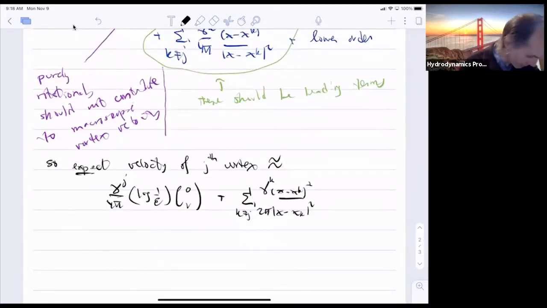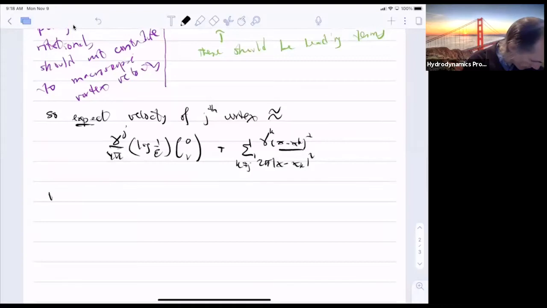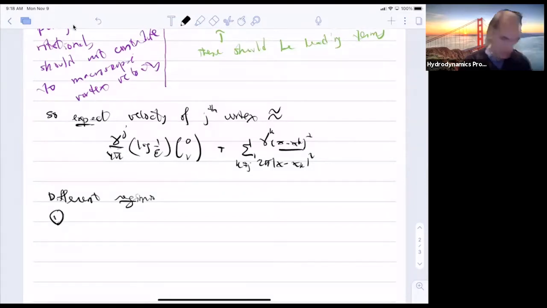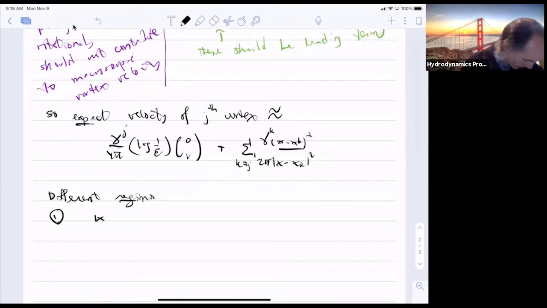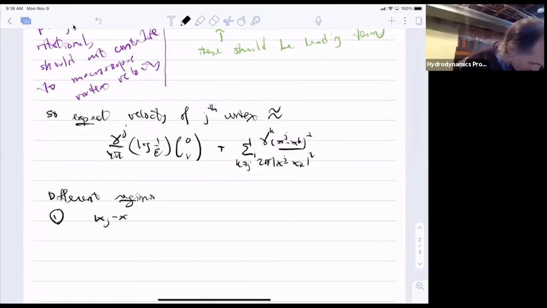So the first situation would be if all of the different vortices, and this should be xj, and I keep on messing up my sub and superscripts.